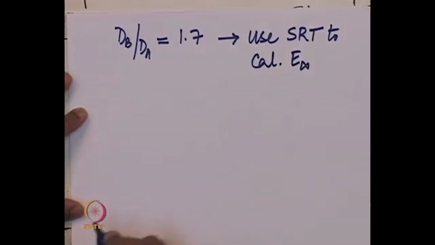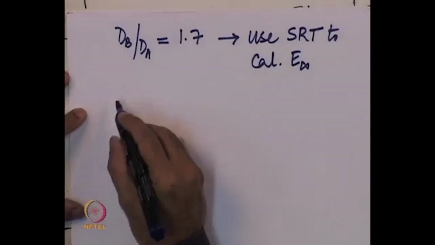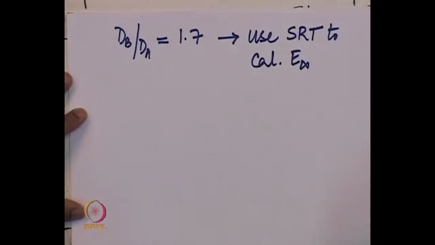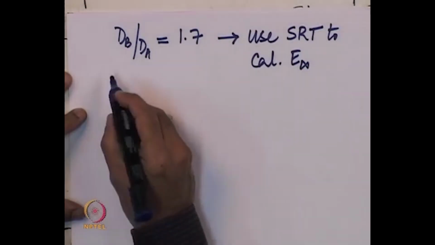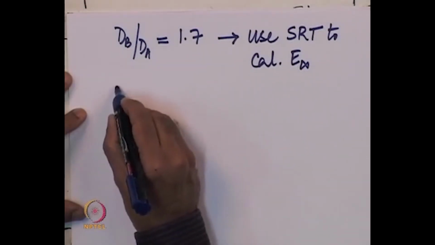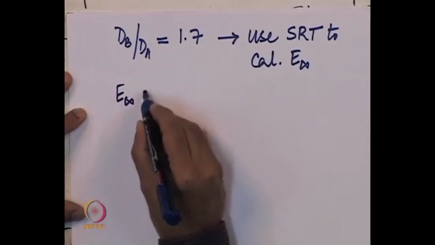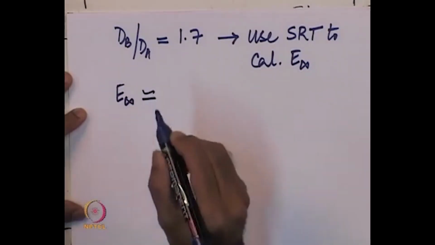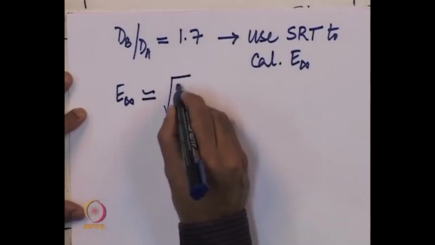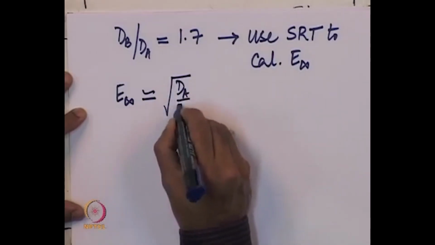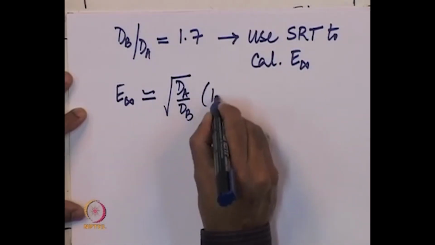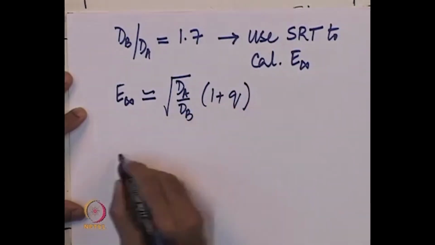the maximum enhancement factor. And rather than use that complex expression, we will first see whether E infinity can be calculated by the approximate expression that we had, which is square root of D_A upon D_B, 1 plus q.